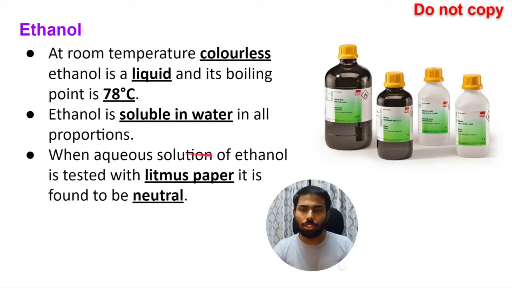When an aqueous solution of ethanol is tested, what does aqueous solution mean? Aqua means water. So an aqueous solution of ethanol is a mixture of ethanol and water. When it is tested with litmus paper, do you remember litmus paper? Litmus paper is used to check whether something is an acid or a base. The way I remember it is BRA and RBB.